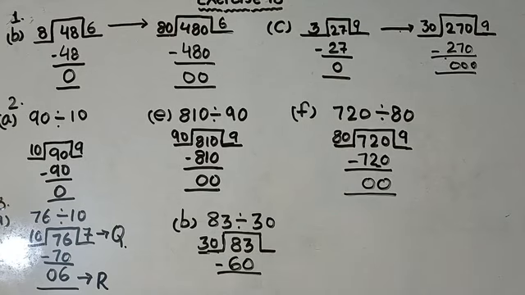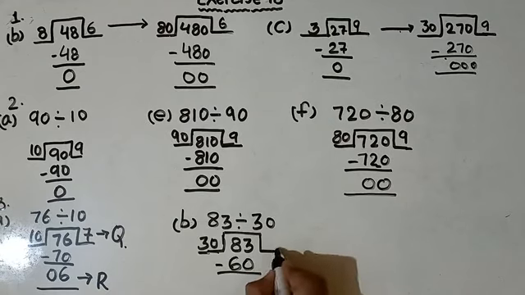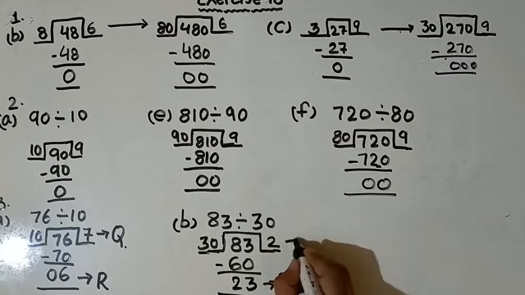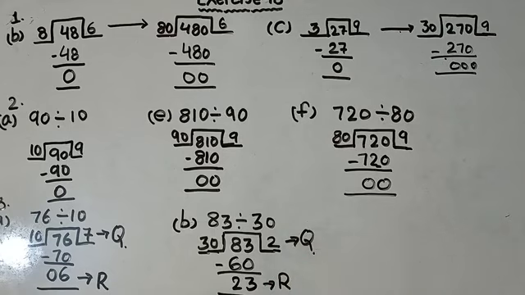You can also find it like this: 3 ones are 3, 3 twos are 6 and 3 threes are 9. So if 3 threes are 9, that means 30 threes will be 90, which is more than 83. So here we will take 60. So 60 comes 2 times in the table of 30. Now 3 minus 0 is 3. 8 minus 6 is 2. That means here we have 23 as our remainder and 2 as our quotient.